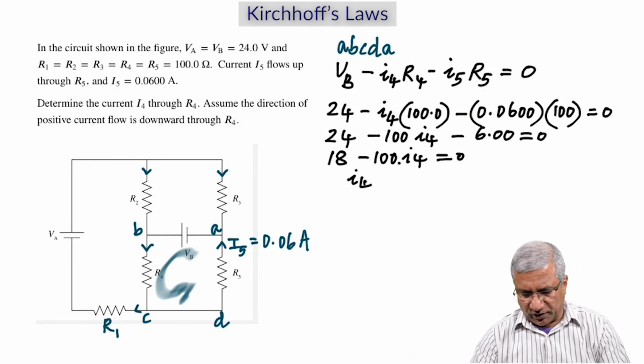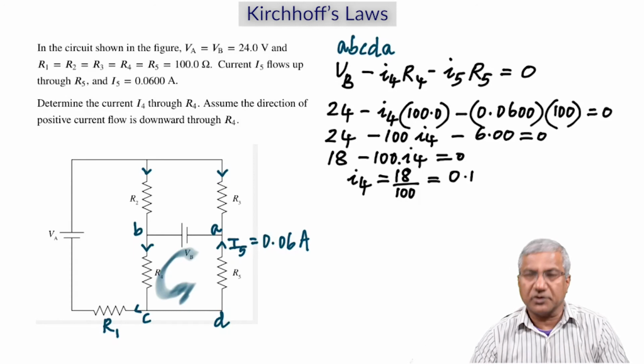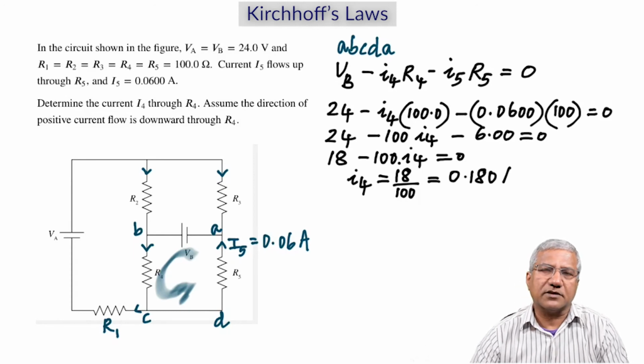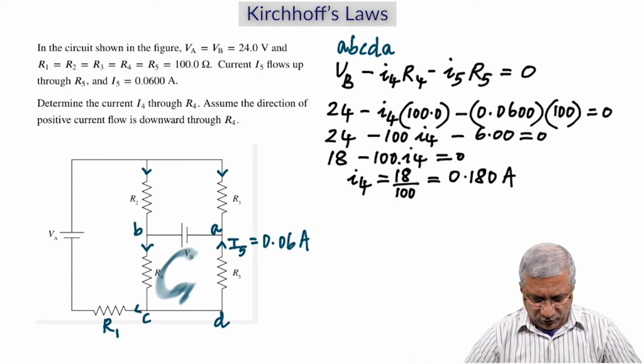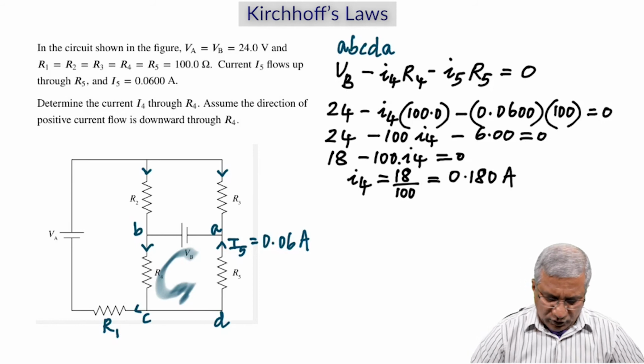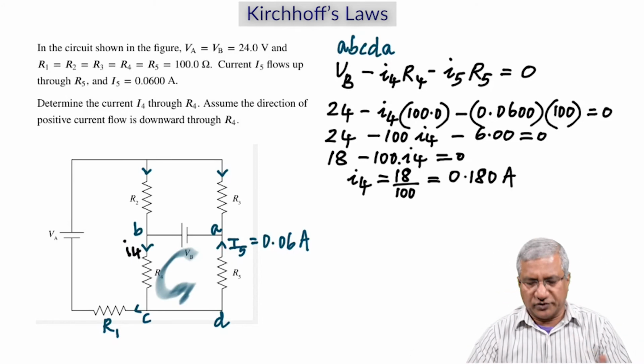And then when you rearrange it, I4 is equal to 18 divided by 100, which gives you 0.18 ampere. So that's the current. That's the current I4 that flows through R4. I should have labeled this as I4. I thought I did. Okay, so that's what we just found.